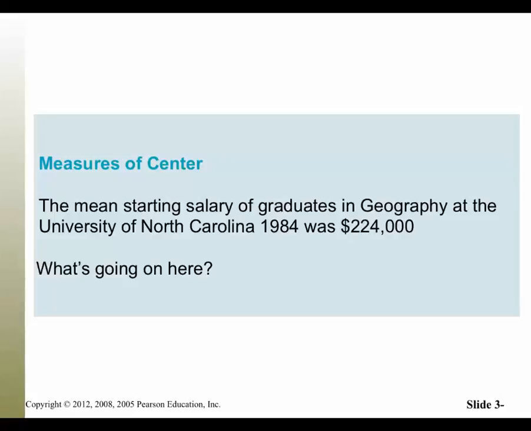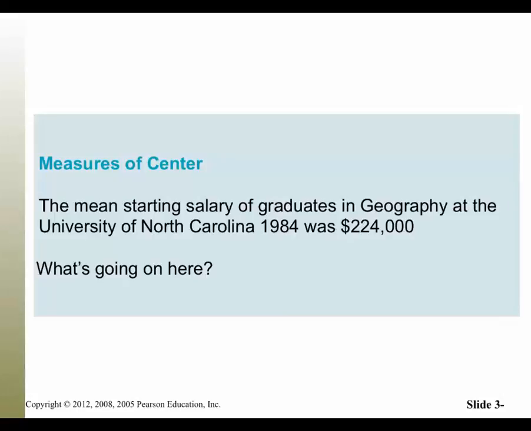University of North Carolina in 1984. Anyone know anyone who might have graduated from there? Michael Jordan graduated from North Carolina in geography in 1984, and so what was his starting salary? In the millions, right? So when you average together all of the geography graduates' starting salaries, it comes out to $224,000.